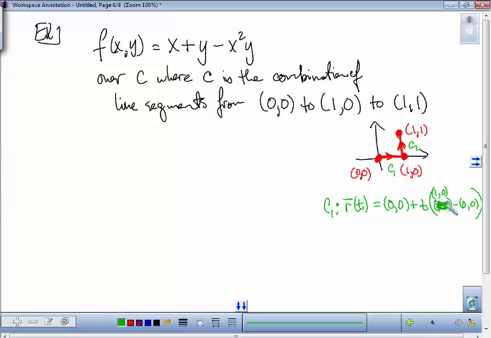That look good? All right. I suppose we could simplify this and make it into the separate x and y. So the x component is 0 plus t times 1, and the y component is 0 plus t times 0. And remember, it's important to figure out our limits of integration too.